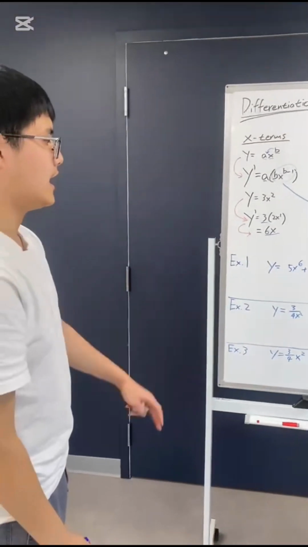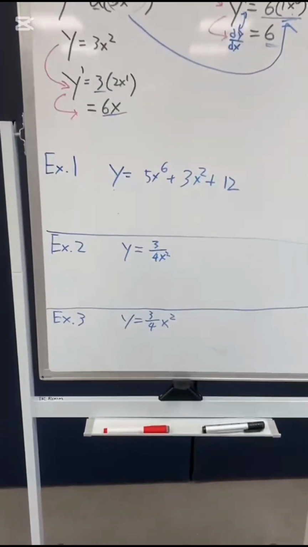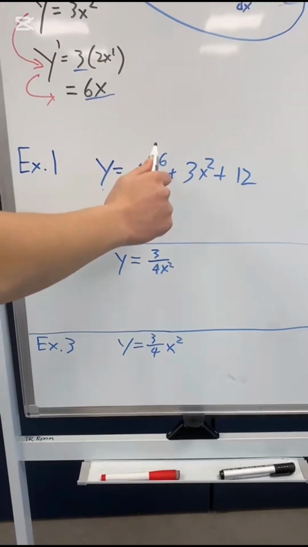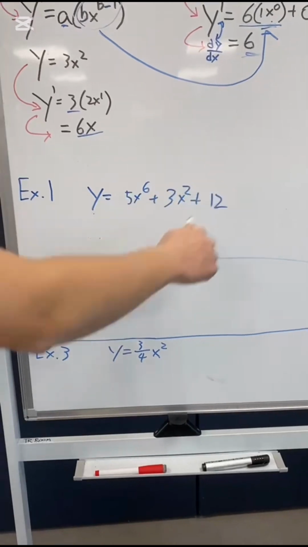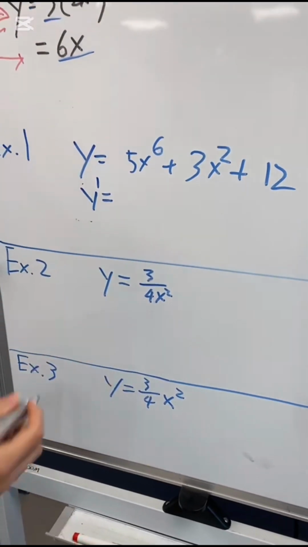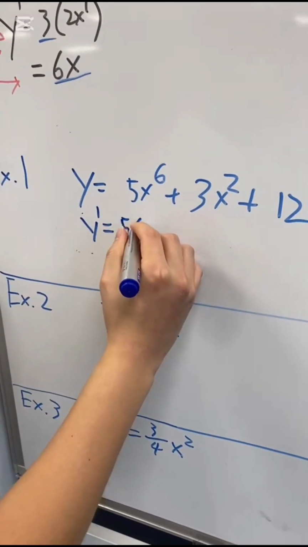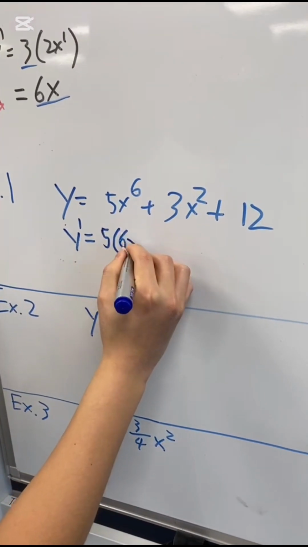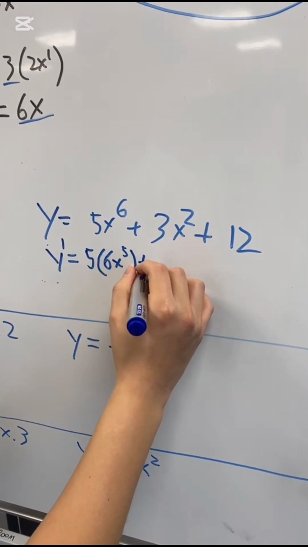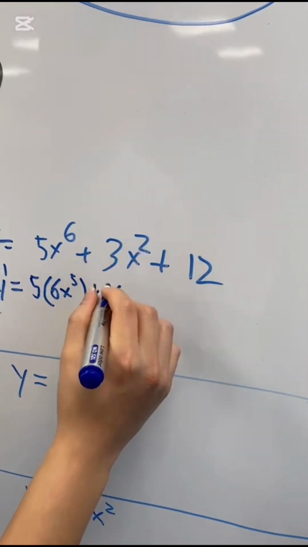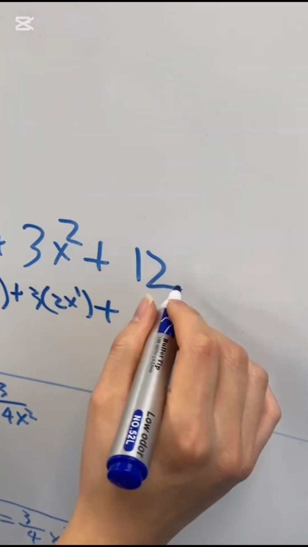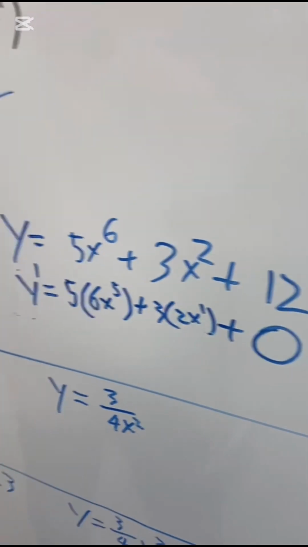Now down here, I have 3 examples for us to figure out. For example number 1, y equals 5x to the power of 6 plus 3x to the power of 2 plus 12. That is going to be y prime equals 5 bracket, bring down the 6, 6x, 6 minus 1 to the power of 5, plus 3 bracket, bring down the 2, 2x, 2 minus 1 equals 1, plus 12 turns into a 0 because it's a constant.